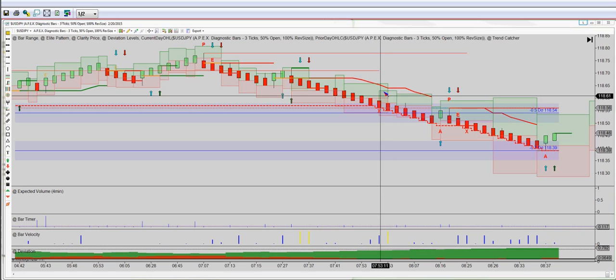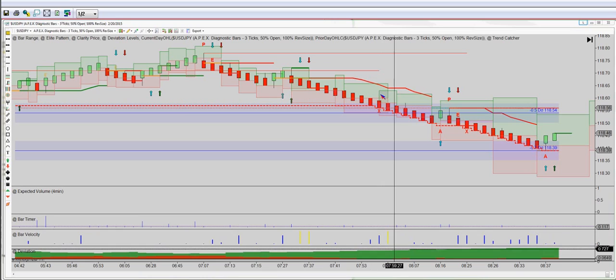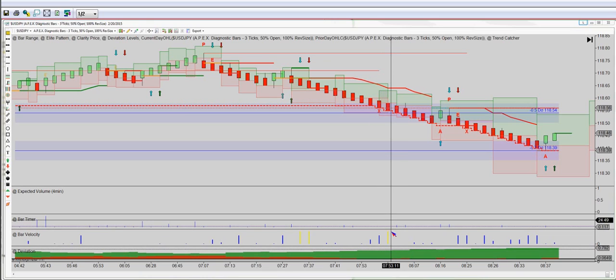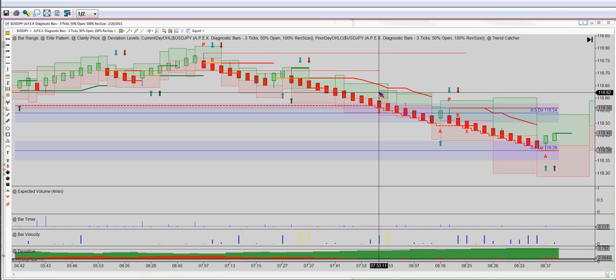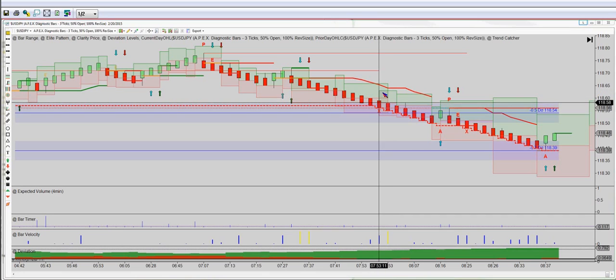These overlapping boxes mean that these bars were taken for a long time to form. And look, the bar timer doesn't show a whole lot on here, but I guess they didn't take a long time to form. They're overlapping, so they were in both. They went really fast. What am I saying?